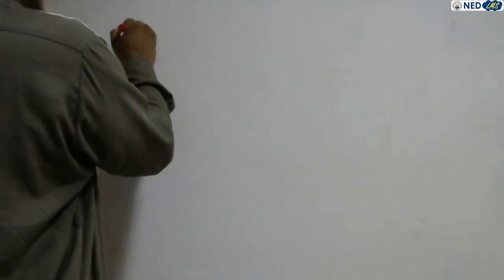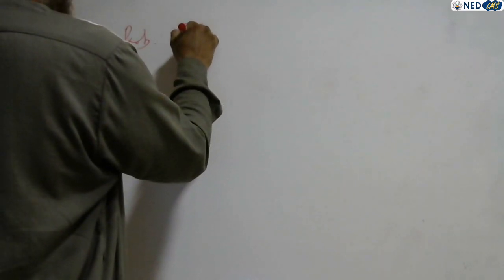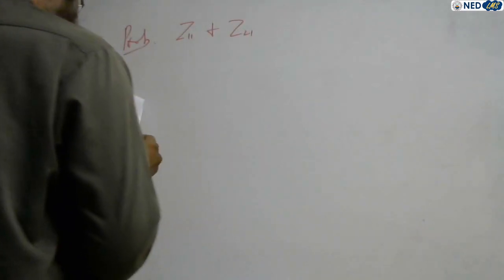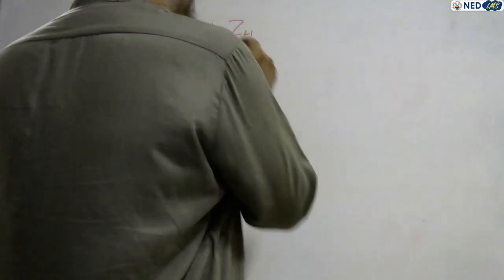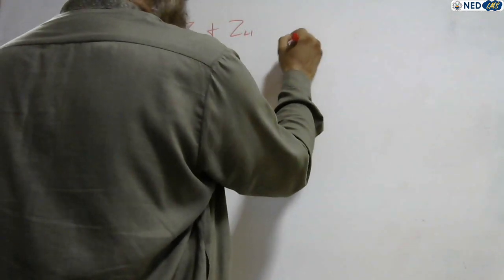Let's do an example. Determine the impedance, that is Z11, Z21, in the network. That is the problem. You have to find the Z parameters, so draw the network.